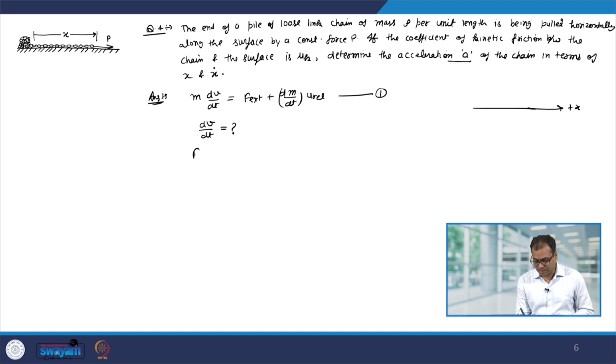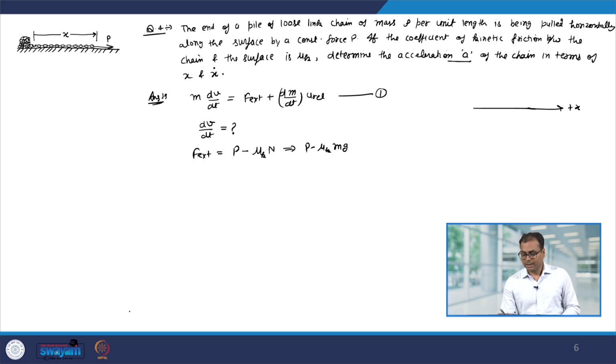Now, the F external will be P, because P is acting in the plus x direction, minus the frictional force, which is mu k times N, where N is the normal reaction force, and it will be equal to mg. So it will be P minus mu k m g.